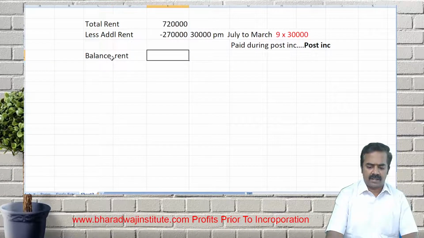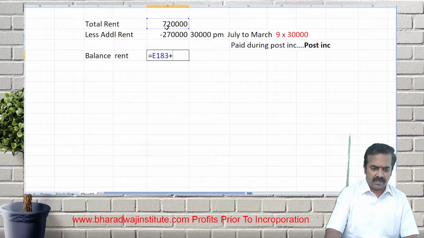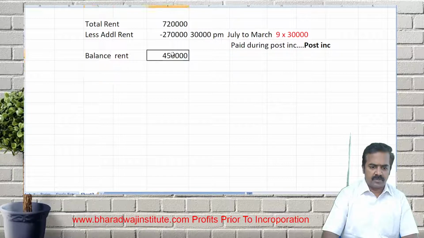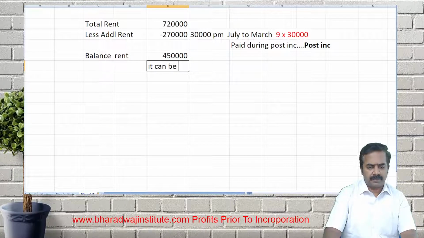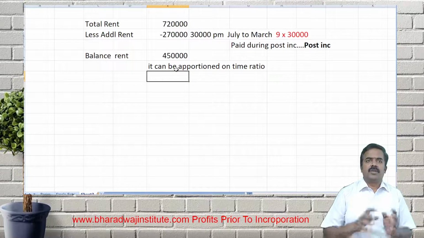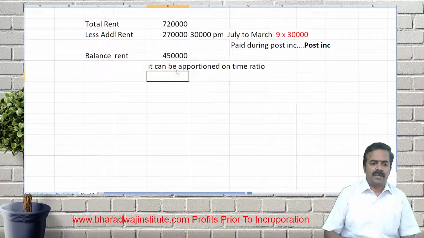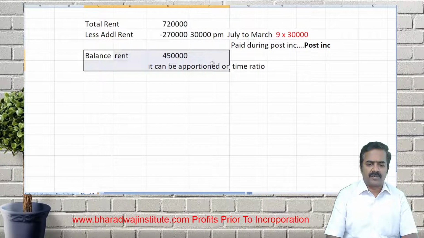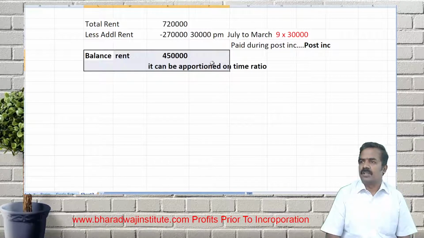What is the balance rent? 7,20,000 minus 2,70,000, this is 4,50,000. It can be apportioned on time ratio. For example, let us assume you were having a building for which rent was 4,50,000. This was paid throughout the year.